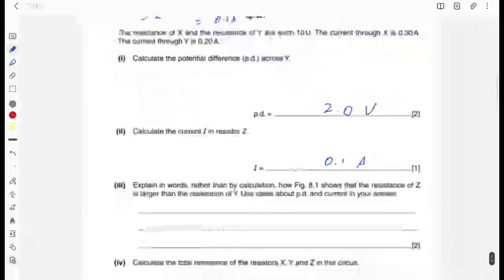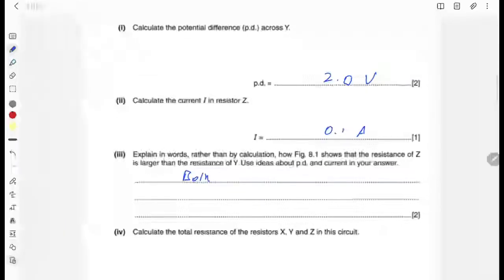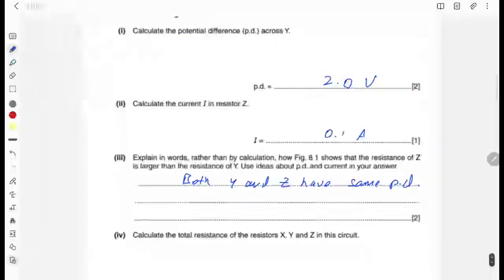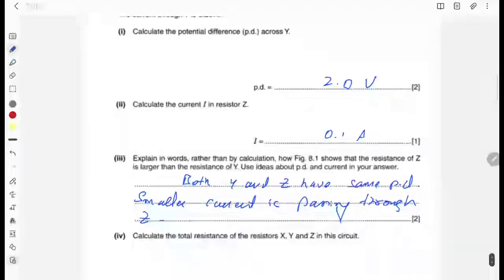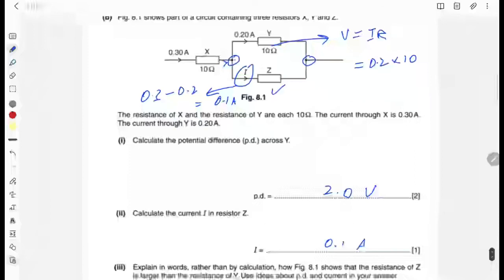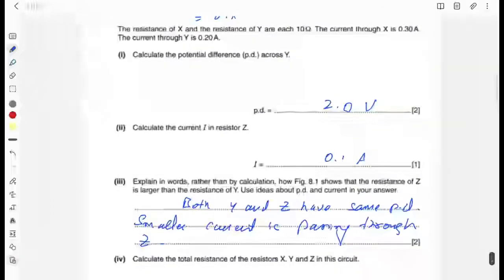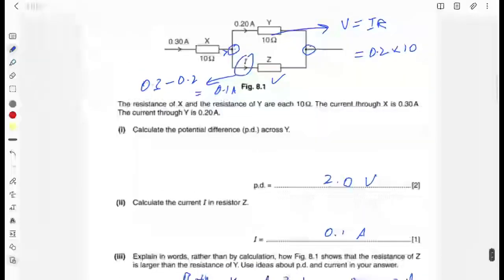First of all, both Y and Z have the same potential difference, and a smaller current is passing through Z. As I pointed out, 0.1 ampere is passing through Z and 0.2 ampere is passing through Y. So since a smaller current is passing through Z, this means that Z is offering greater resistance.